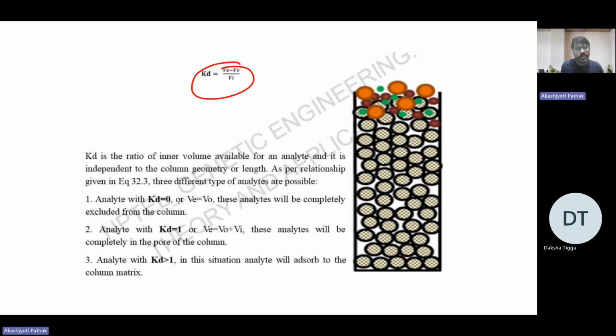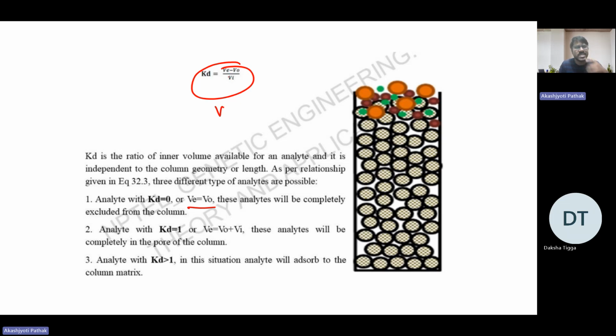So that is what I was explaining. The large size molecules are excluded from the pores present inside the gel beads. That is why all the protein molecules come in your void volume itself, and your VE becomes equal to VO. If VE equals VO, then your KD will be 0. For an analyte with KD equal to 1, the elution volume will be equal to the void volume plus VI.